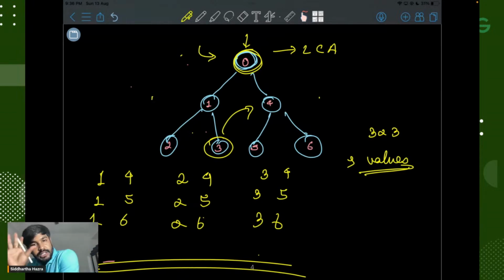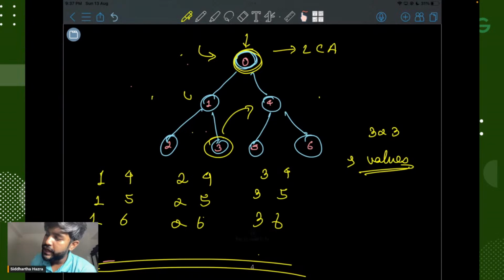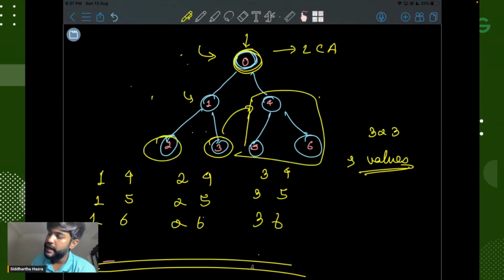See, to make 0 the particular LCA, for how many pairs would 0 be the LCA? This is what is asked. So 1 would be an LCA with all the values on this side, and 2 would be an LCA for all the values on that side. What I want to say is, let's say I'm in a family tree.